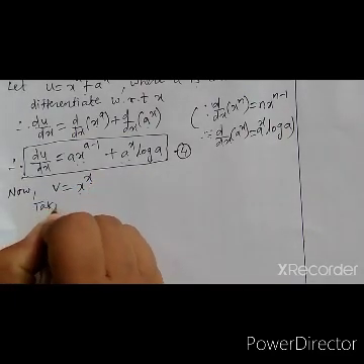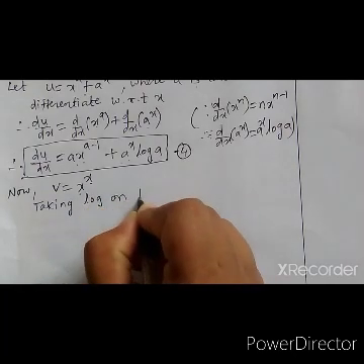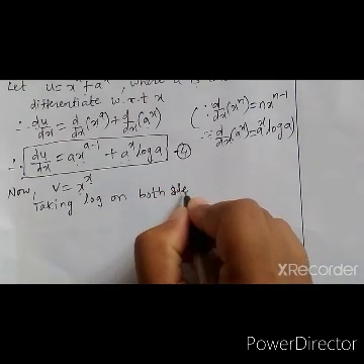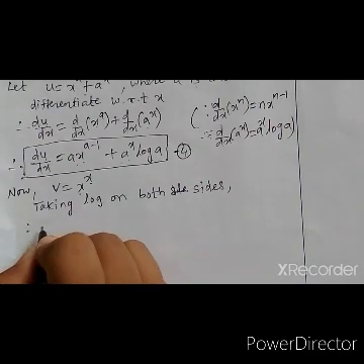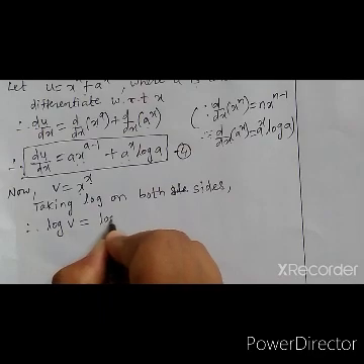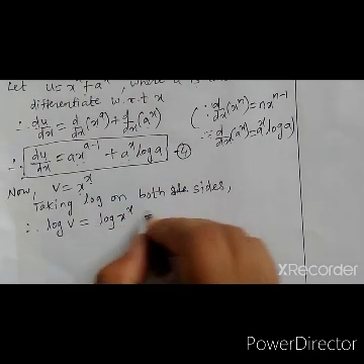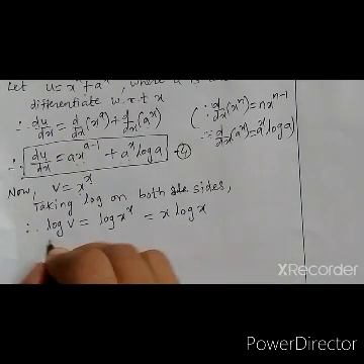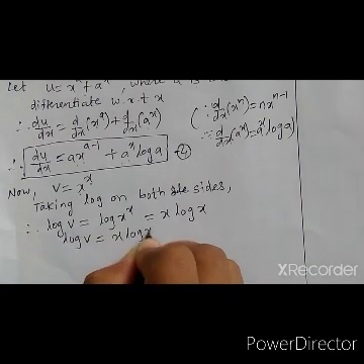So taking log on both sides, we get log of v is equal to log of x raised to x. That is, this power we can take in front of log, that is x log of x. Now we got log v is equal to x log x.